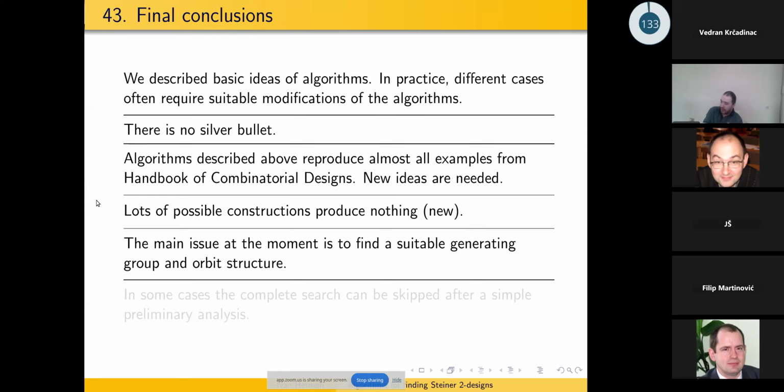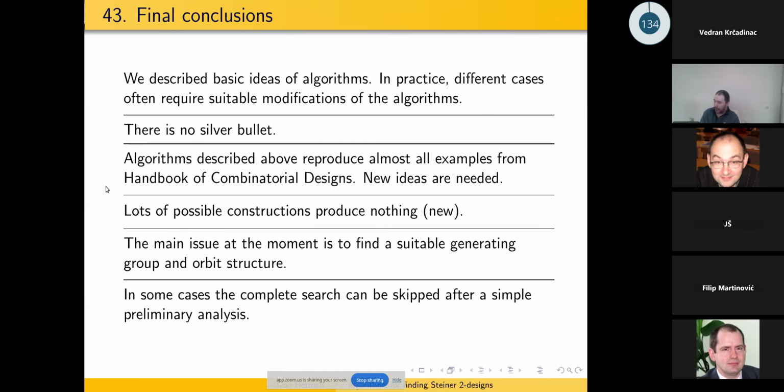The main issue at the moment is to find a suitable generating group and orbit structure. This is a very big problem for me, because Vedran mentioned that there was a Yanko who could just guess, let's try this group, and usually this group generated something. I was lucky to guess a few times to generate something, but yes, I would like to have the Yanko talent to guess the groups better.